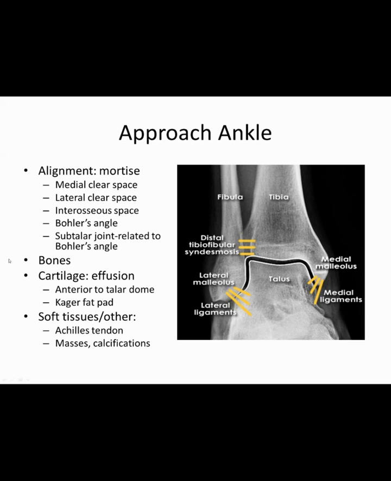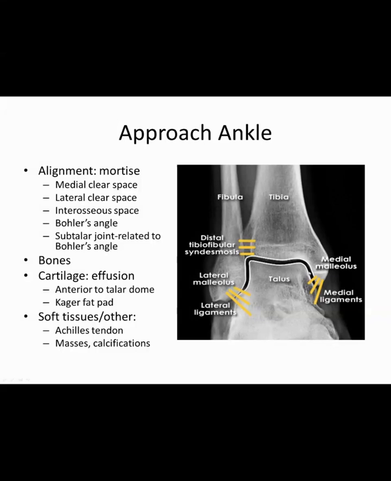So here is an approach to ankle radiograph interpretation. Some people find this mnemonic ABCs helpful for remembering what to look at, especially when you're starting out and new to interpretation of images. So the A stands for alignment, and what you want to be assessing closely is the mortise joint here. The mortise joint is also referred to as the ankle joint, and it is bound by numerous ligamentous structures that maintain stability of the ankle.